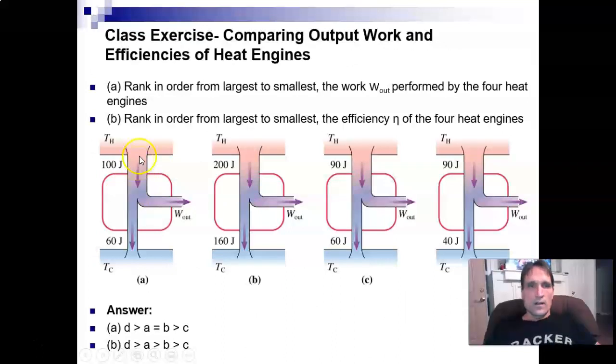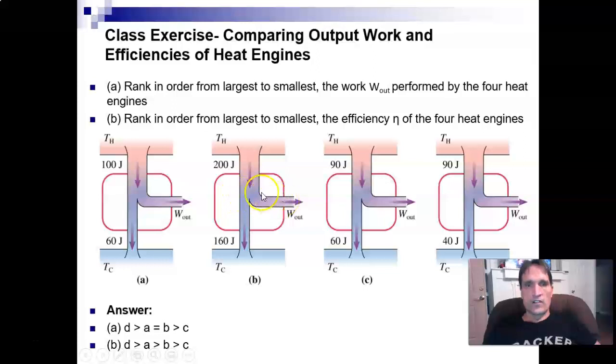In this first diagram, Q hot is 100 joules of heat entering the system from the hotter reservoir. 60 of it is exhausted, and this means that the work output must be 40 joules. So of the 100 joules of heat, 40 of it is used to do work, and 60 of it is exhausted. Okay, so W out is 40.